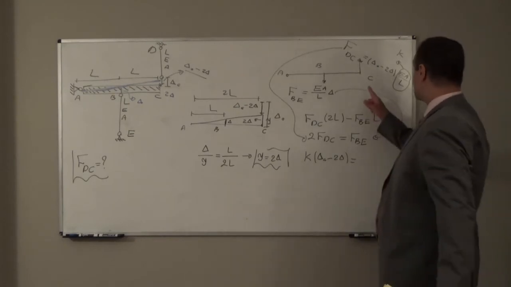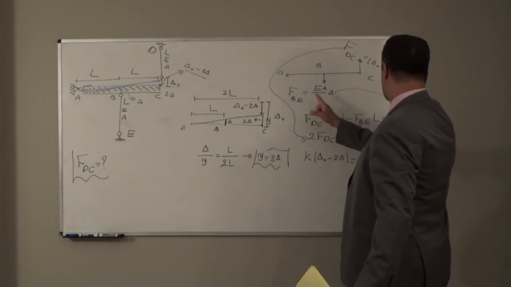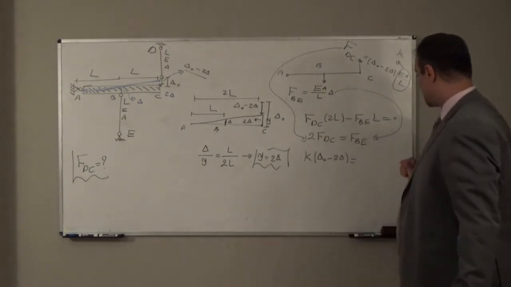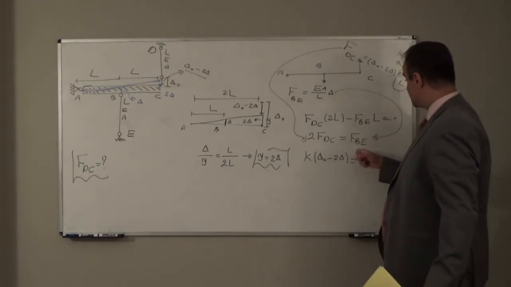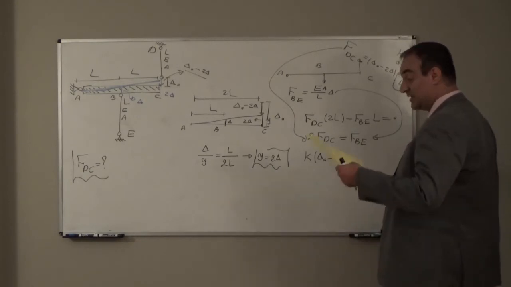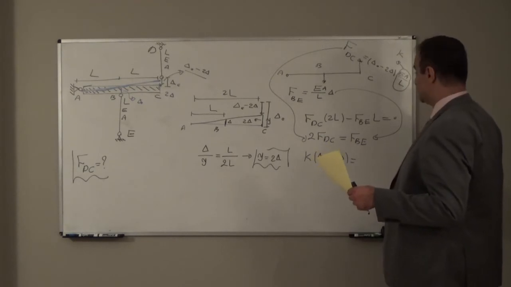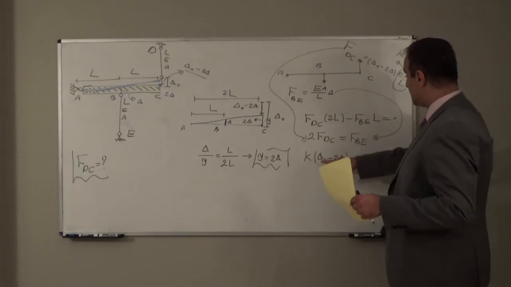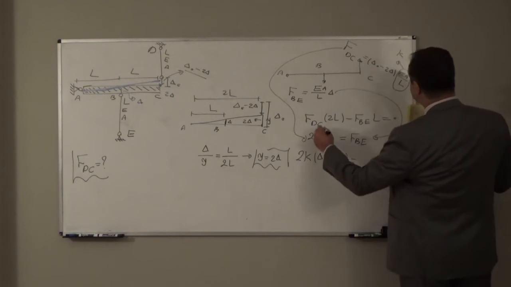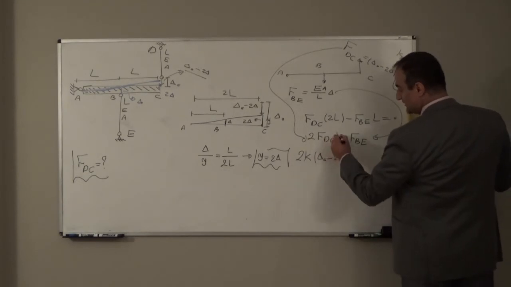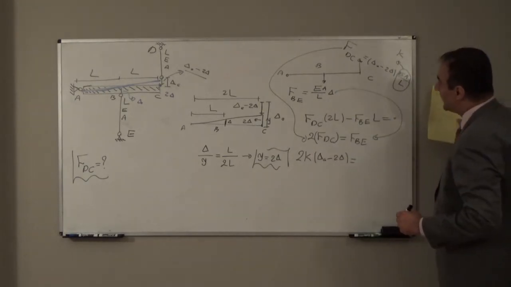F DC times 2L minus F BE times L is equal to 0. That part is right. If I take to the other side, L and L will cancel each other. 2 F DC will be equal to F BE. That is right. So K times delta naught minus 2 delta, times 2, because this is F DC, will be equal to F BE.